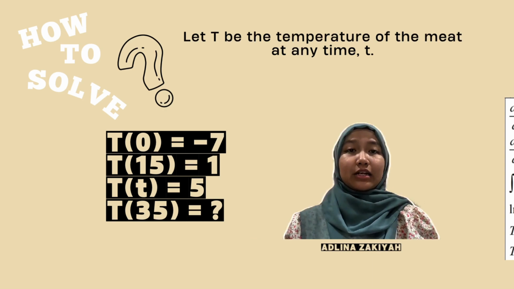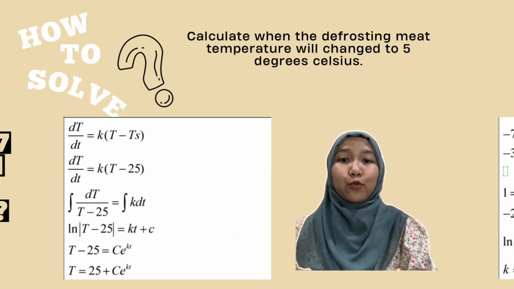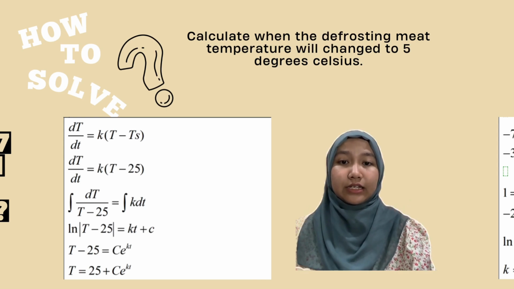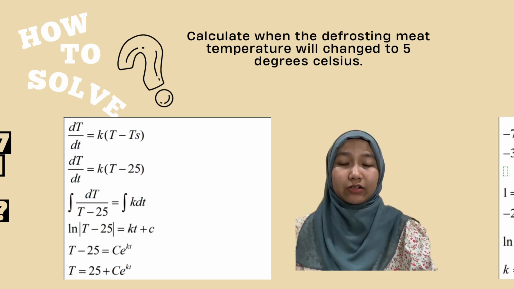Now, let's calculate the first part of the problem, which is when the defrosting meat temperature will change to 5 degrees Celsius. First, we write the equation as dT/dt equals k(T minus Ts), where Ts means the surrounding temperature. So dT/dt equals k(T minus 25) because the surrounding temperature is 25.